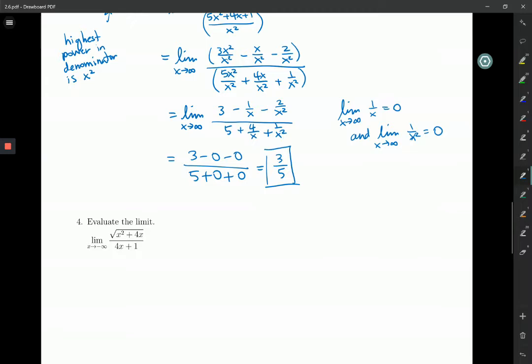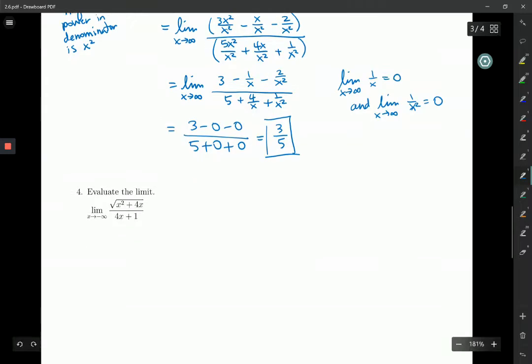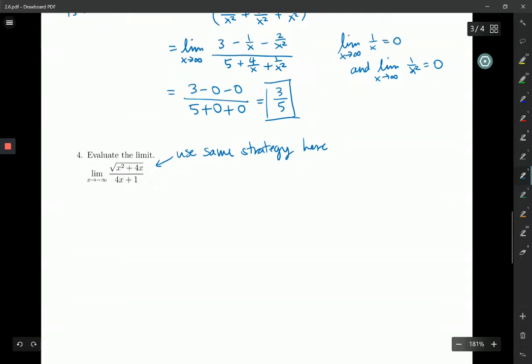And now in this next example, this is not exactly a rational function because we have this square root. So a rational function is supposed to be a ratio of polynomials, but we actually just use the same strategy. So the idea is, the highest power in the denominator is just x.